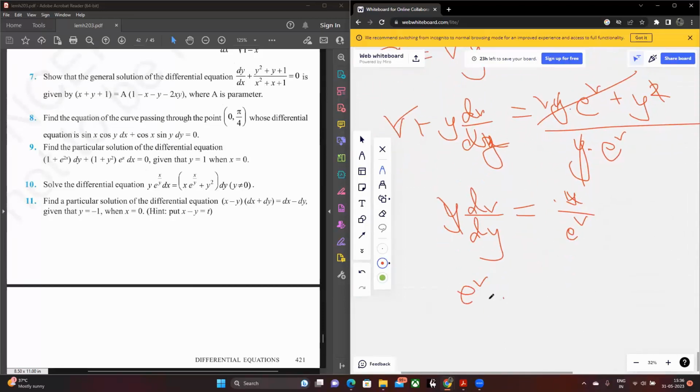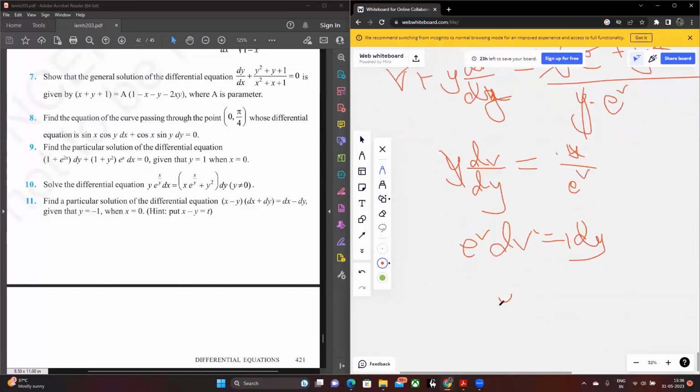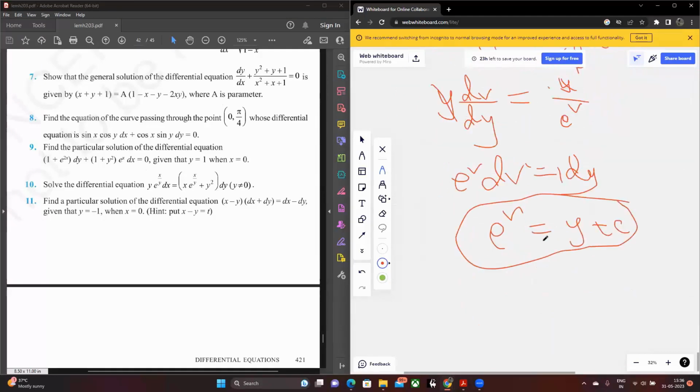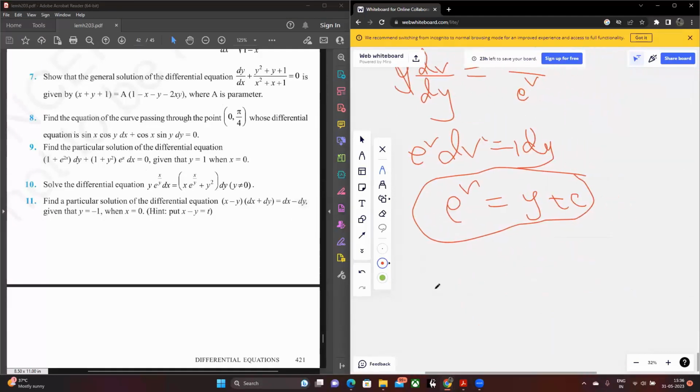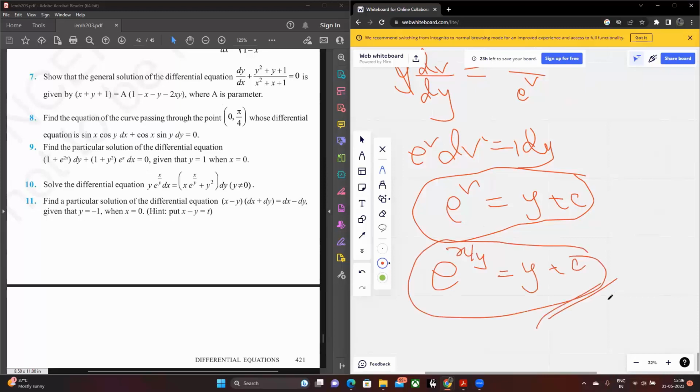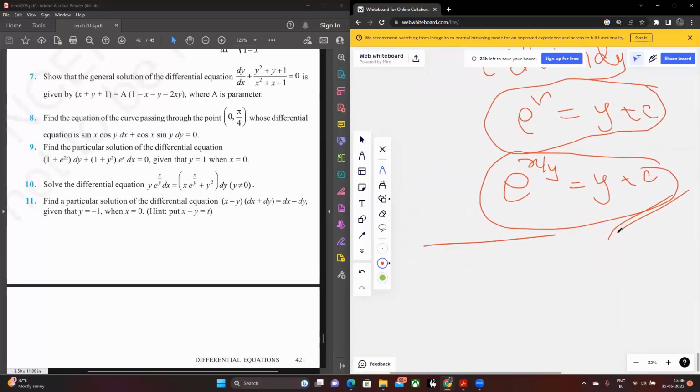You are basically left with e power v dv equals 1 dy, or e power v is equal to y plus c. Therefore, you have the solution e power x by y is equal to y plus c. That's your answer, right?